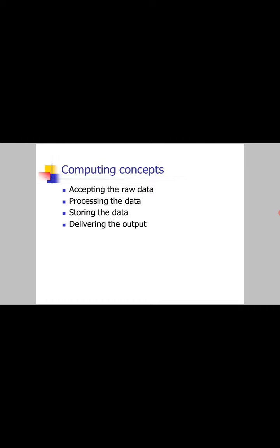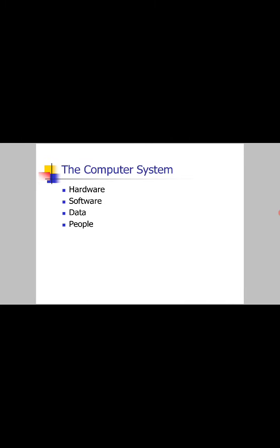Generally the computer system has different components like hardware, software, data, people, like that. So what is hardware? Hardware is the physical components of a computer connected to a computer. Physical components means generally electrical, electronic, mechanical components and chips, like that.